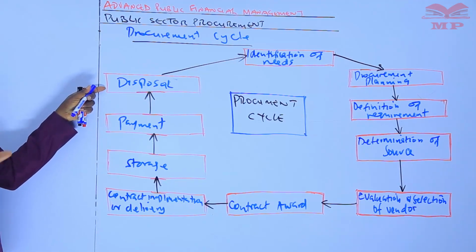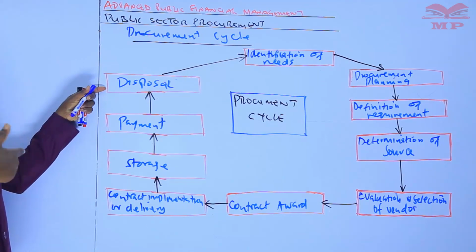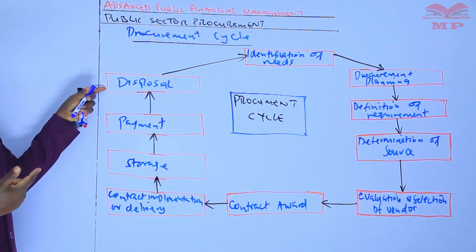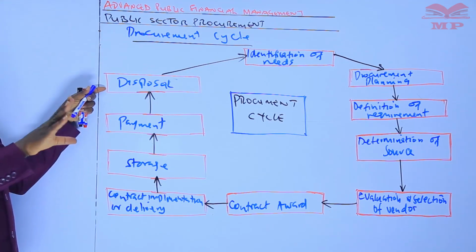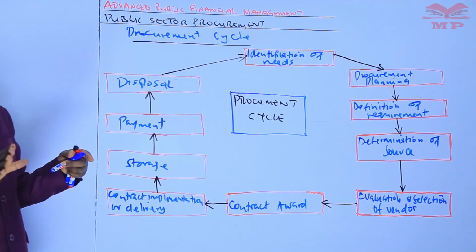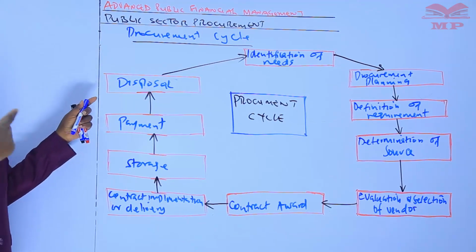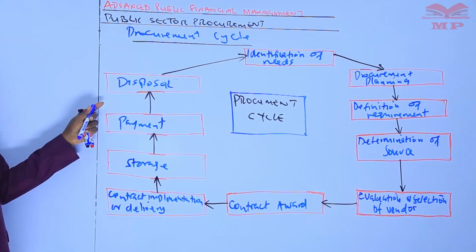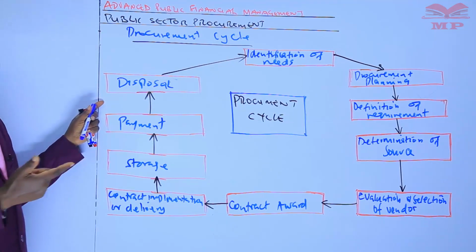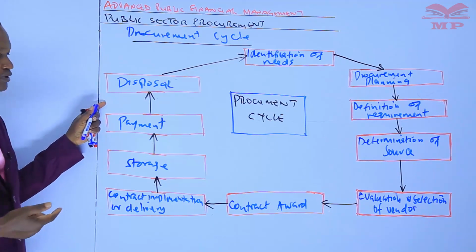Now, the process of periodic verification and annual stock-taking exercises exposes stores items which may have become, say, damaged. They could be unserviceable, or they could be obsolete. There could also be surplus which needs to be disposed.